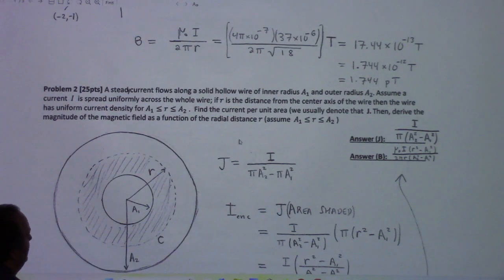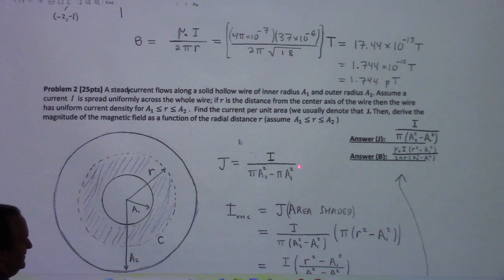So what we do is we draw an Amperian loop, a distance r from the center, and that allows us to find the magnetic field. But first of all, I have to figure out what's the current enclosed by that Amperian loop of radius r. This J is the current density. It's the current per unit area. So the area here is the area of the annulus in total, which is pi a2 squared minus pi a1 squared.